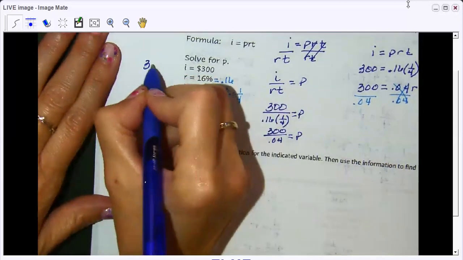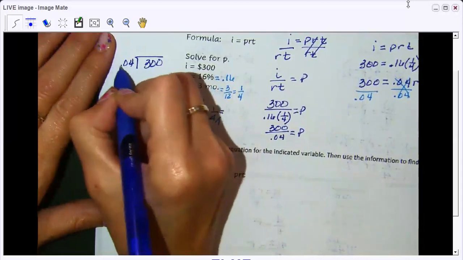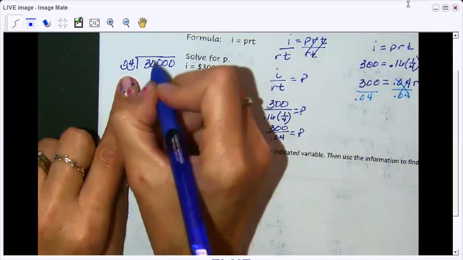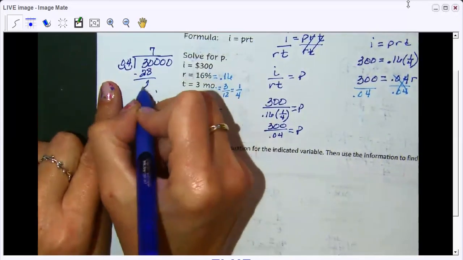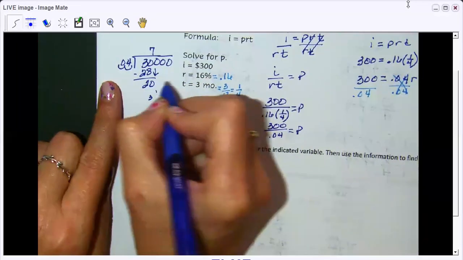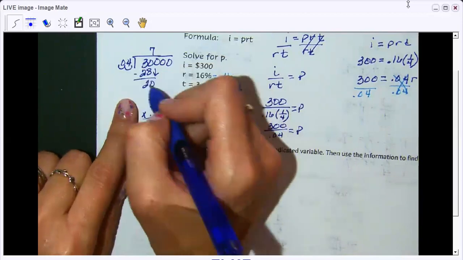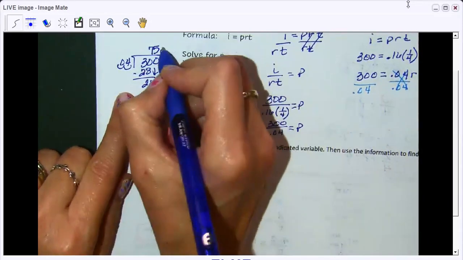300 divided by 0.04: move your decimal over twice, add 2 zeros. 4 goes into 30 7 times. Bring down your 0. I got 12. 4 goes into 30 7 times, and then you add 2 zeros.